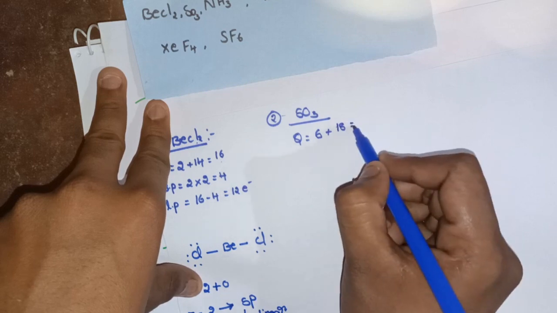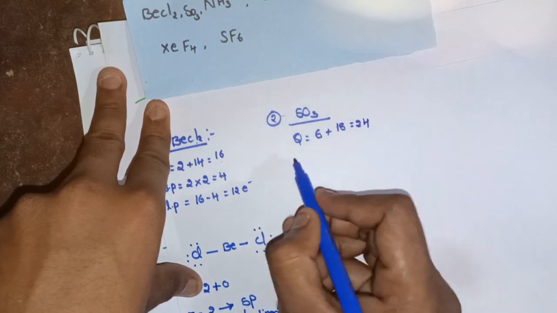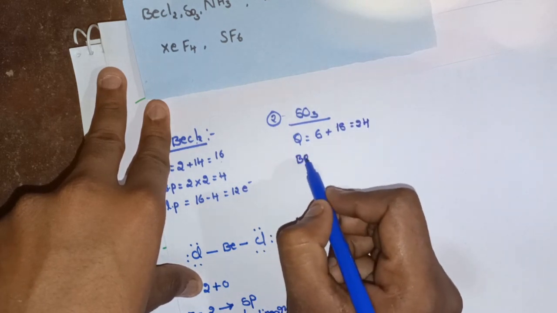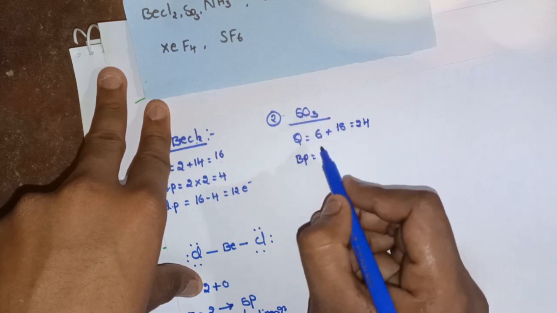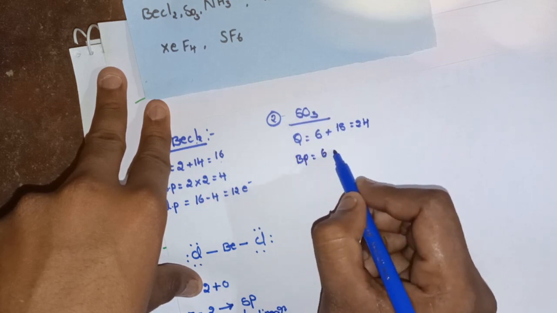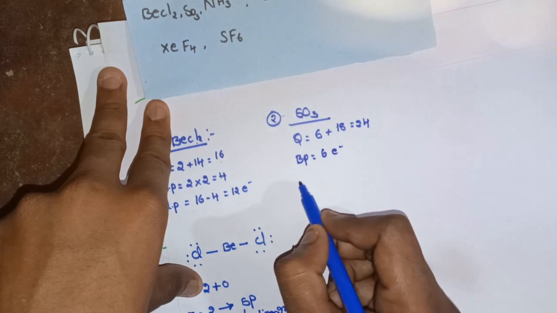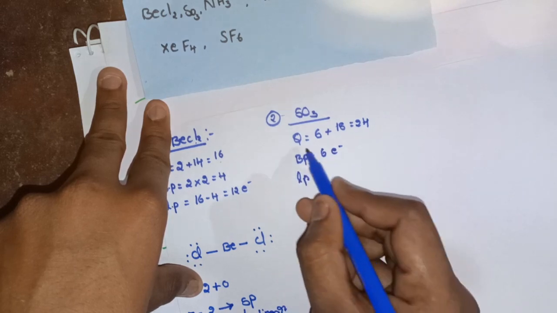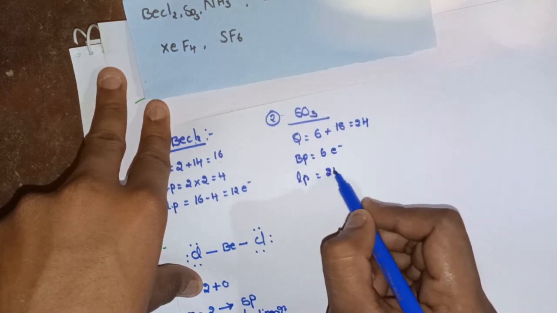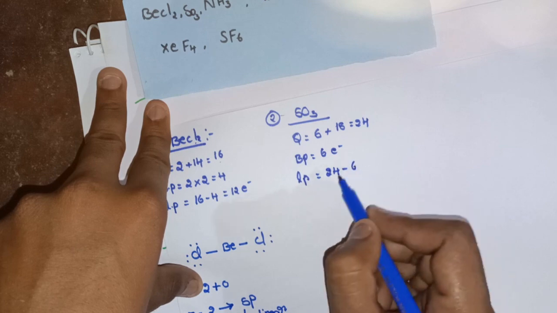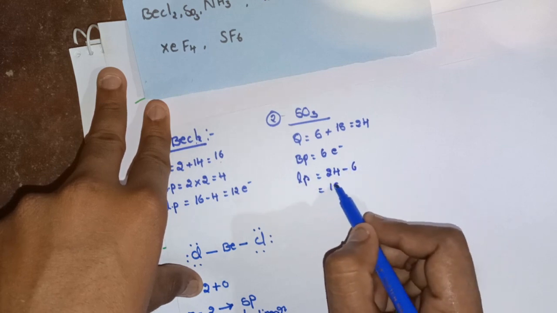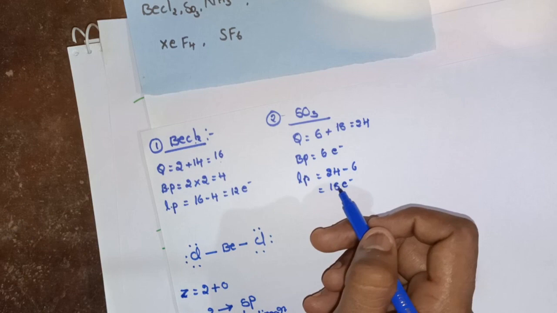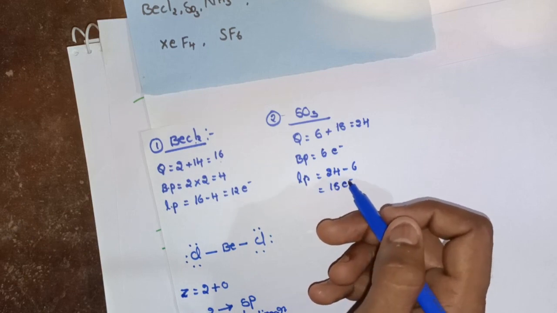So the total number of electrons is 24. Here bond pair electrons is equal to 3 into 2, that is 6 electrons. Lone pair electrons are Q minus bond pair, that is 24 minus 6. So 18 electrons are in lone pairs.